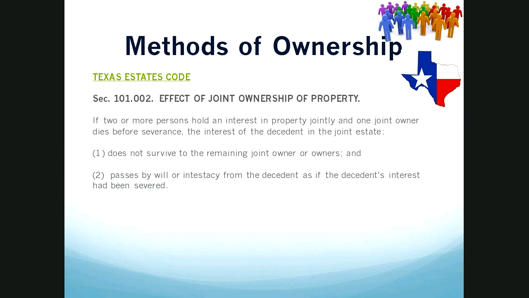So that says if you have joint ownership, it doesn't automatically pass to the joint owners. It goes by will or intestacy. And remember, I told you those terms are going to come up often, will and intestacy, and so you need to get familiar with them.